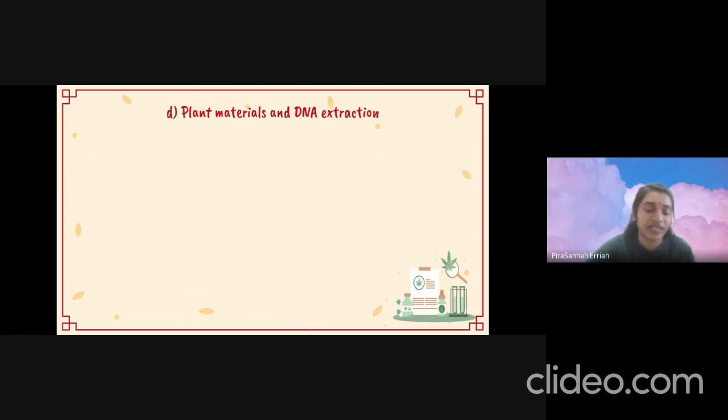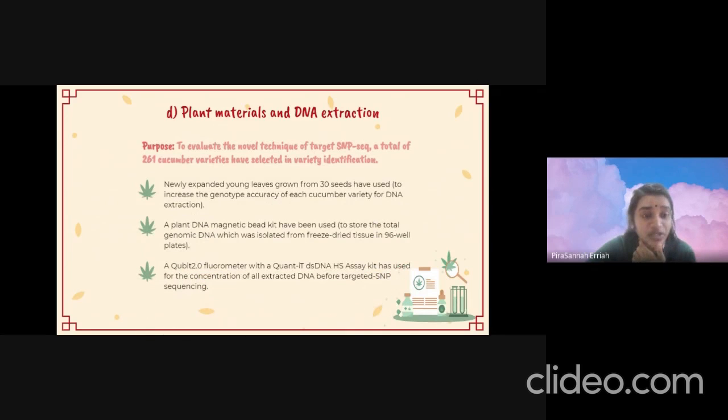So the fourth method is the plant materials and the DNA extraction. The purpose is to evaluate the novel technique of target SNP sequencing. Therefore, a total of 261 cucumber varieties were selected for variety identification. The process involved newly expanded young leaves grown from 30 seeds, which is to increase the genotype accuracy of each cucumber variety for DNA extraction.